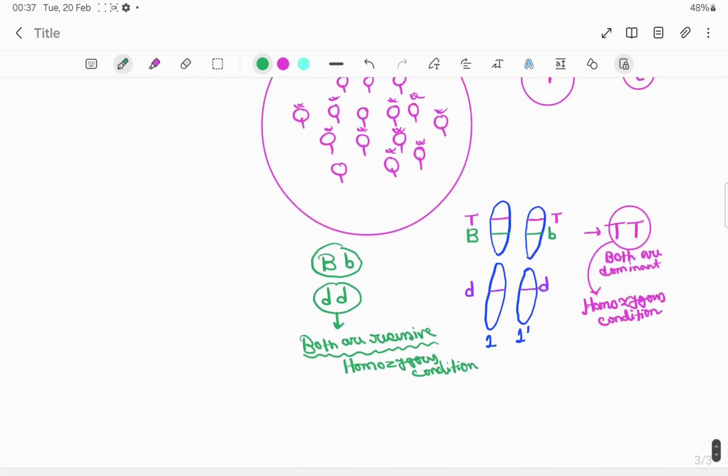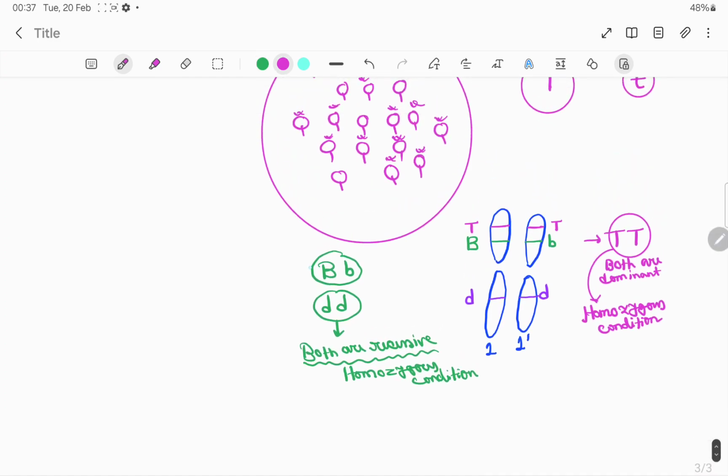Now there is another case. In this case you can see one is capital B, that means it is dominant, but the other allele is recessive. So these alleles are of different types, not the same type. If different types of alleles are there, this condition is called the heterozygous condition. Hetero means different.